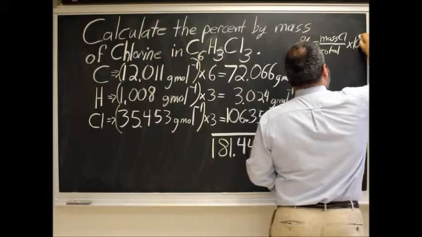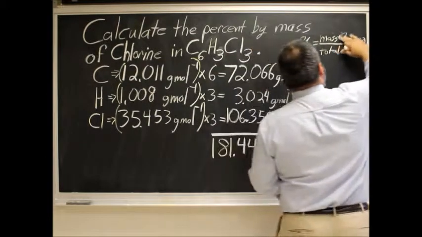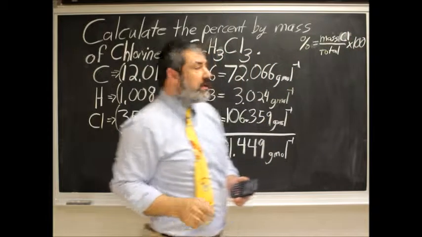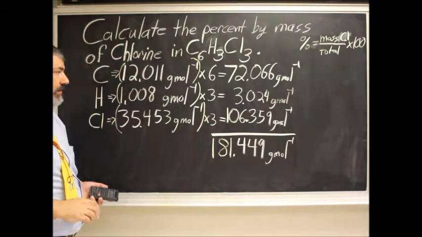Now for percent mass, we need the mass of all 3 chlorines divided by the total mass.